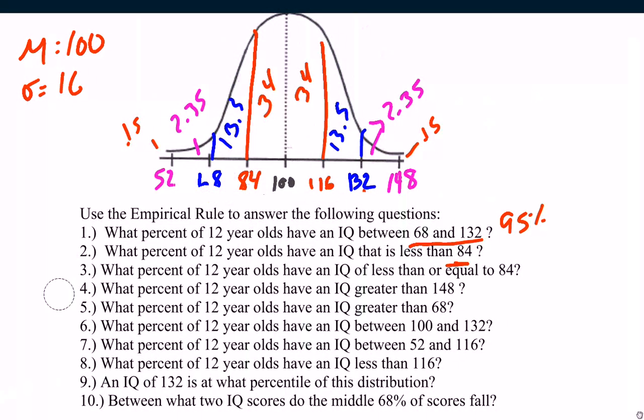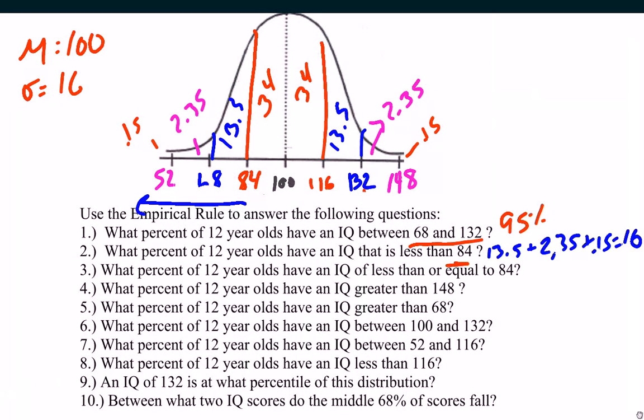So that means I need to look at everything to the left of 84, which would be 13.5 plus 2.35 plus 0.15, which will give me 16.